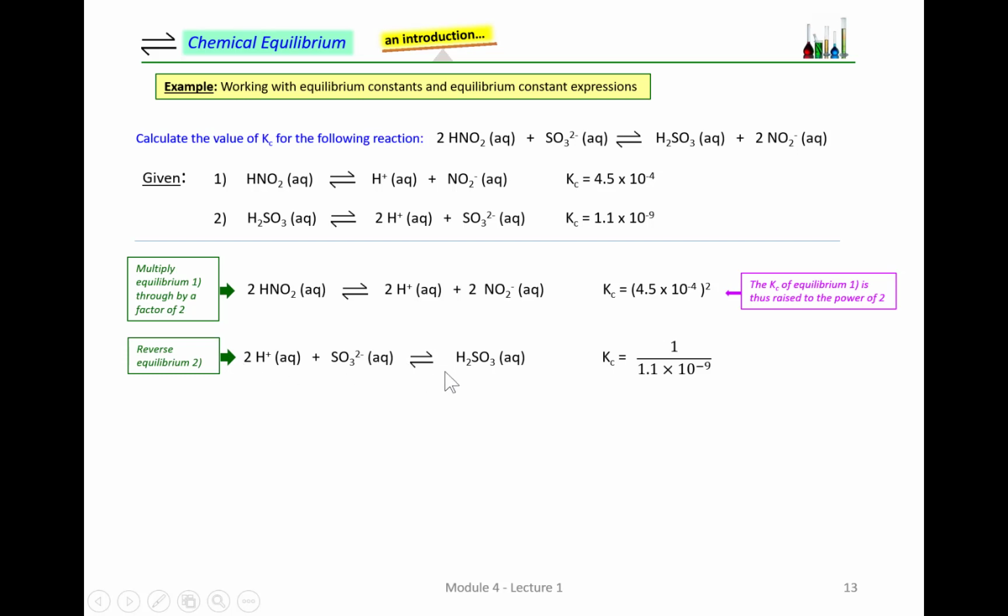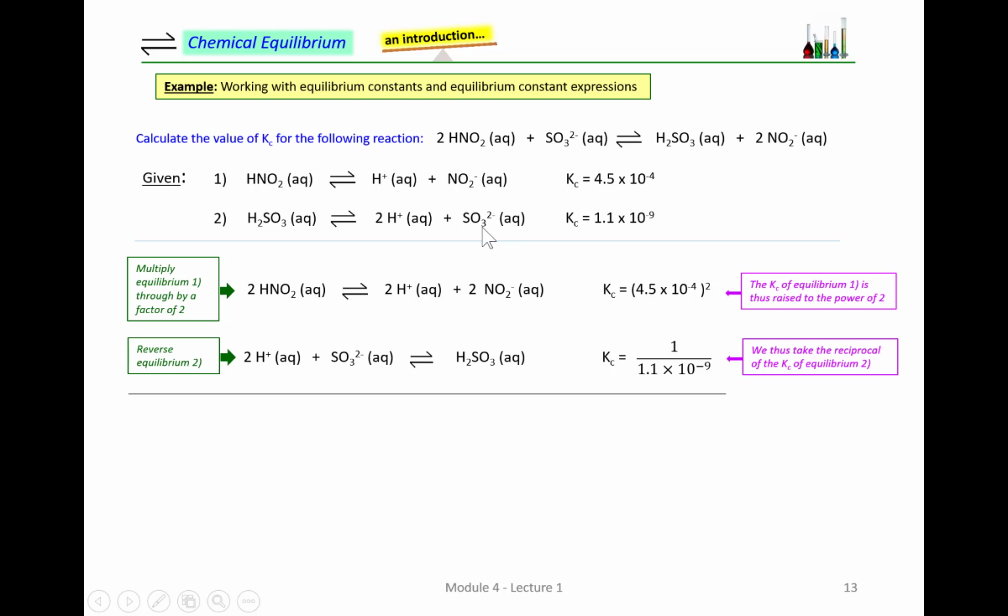Now, believe it or not, we're ready to add these two reactions together. Again, before we go on, you'd ask, why did I reverse equilibrium 2? Well, because equilibrium 2 had H2SO3 on the left of the equilibrium sign, and I want it on the right in the target reaction, and it had SO3 2 minus on the left, and in our target it's on the right.